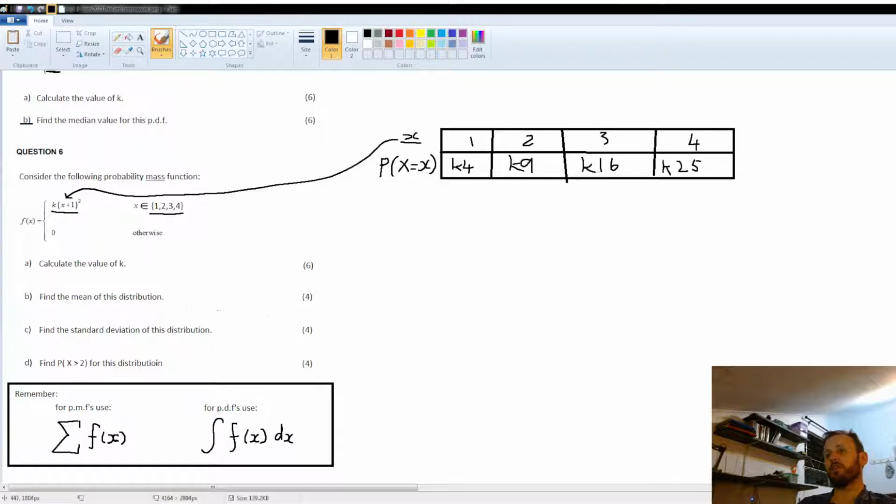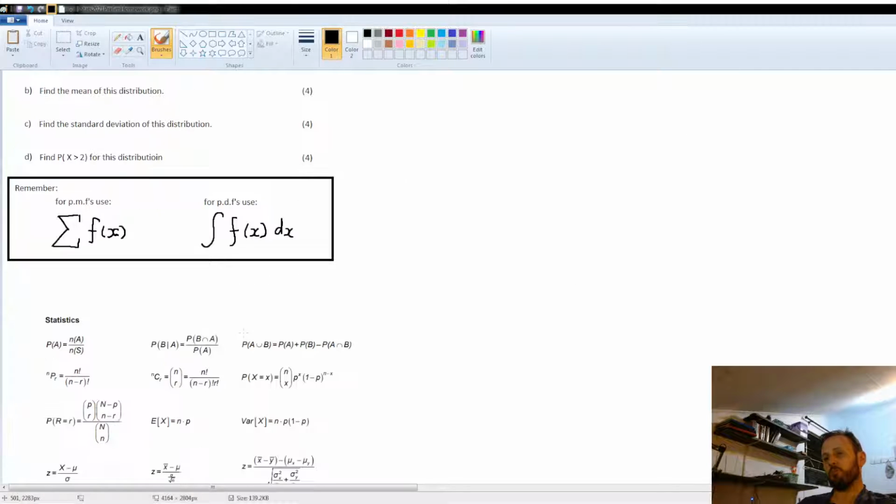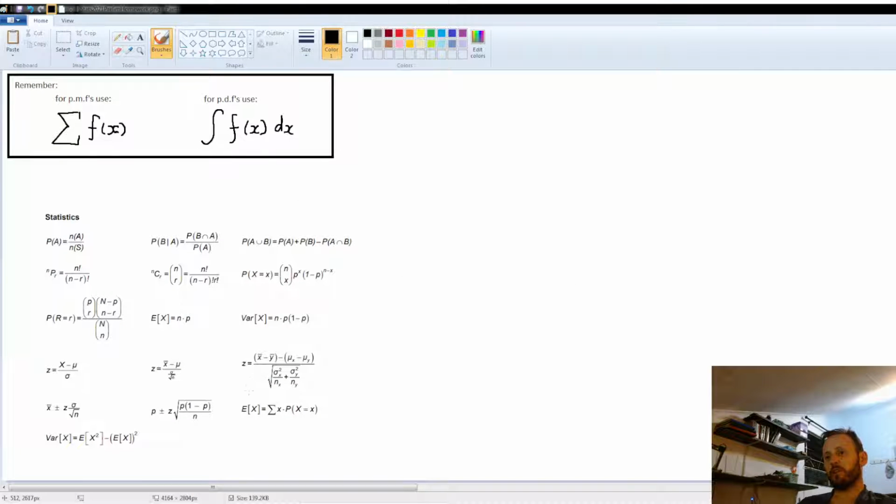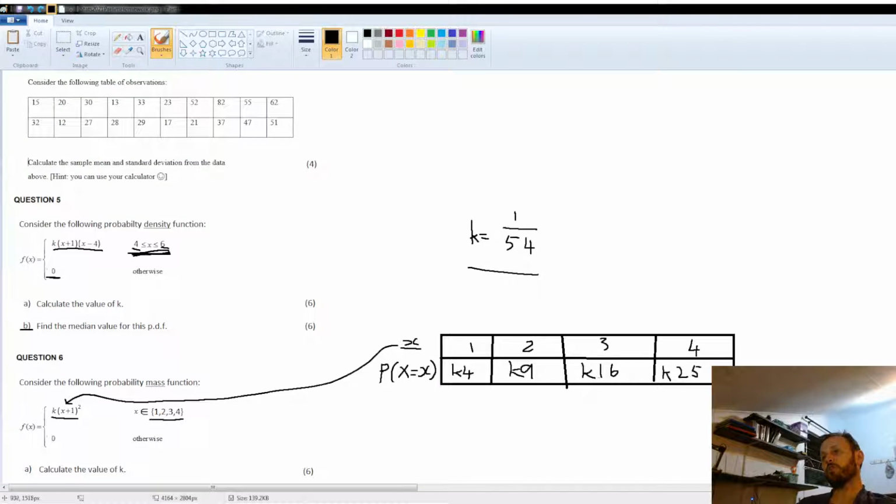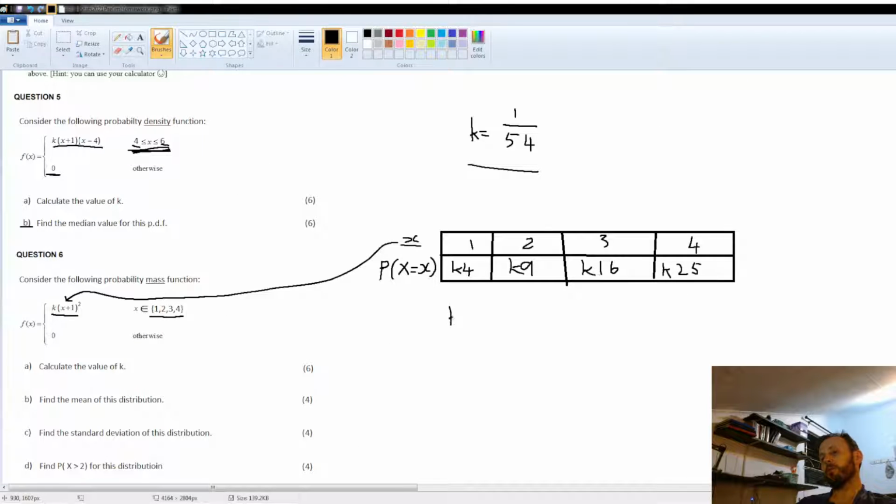You find the mean. The mean is this formula here, once again, which just tells you take x, multiply it by its associated probability, and add them all up. So let's go. It's going to be 1 times 4k plus 2 times 9k plus 3 times 16k plus 4 times 25k, and that's it.